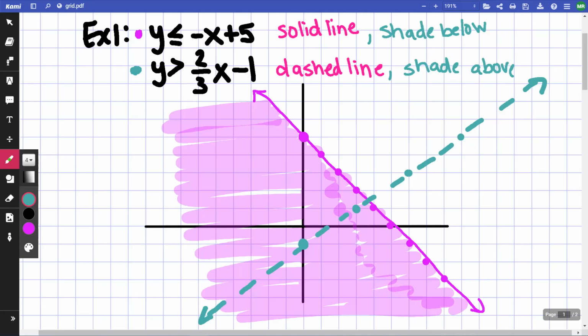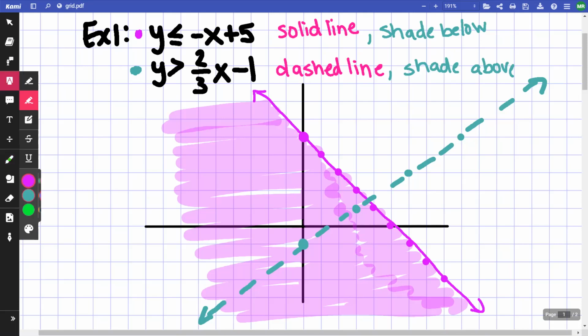So then for the teal one, remember it was y is greater than, so that means I'm going to shade above. So I'm going to get my teal color, and I'm going to be shading above my teal line.